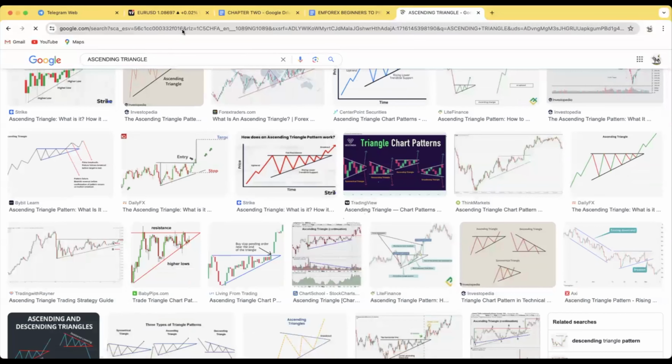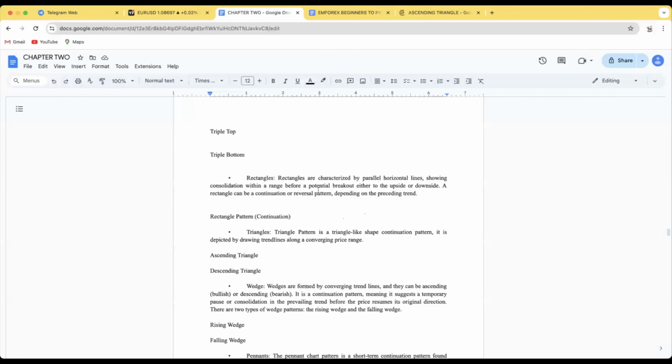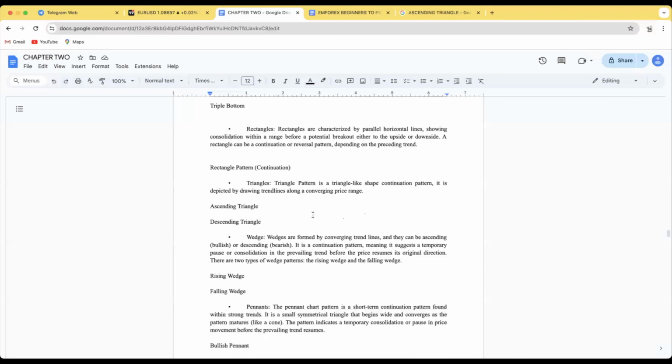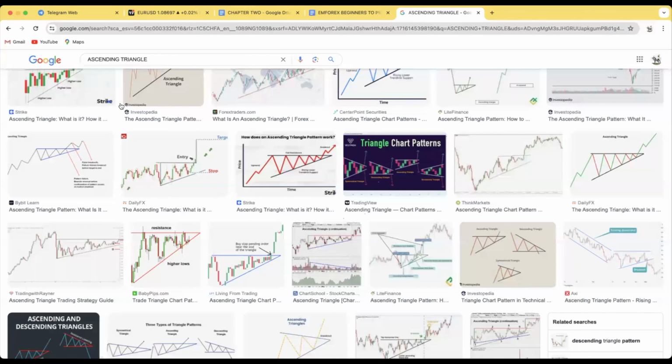So you can take your time, go through your charts to recognize this pattern. And then for the inverse side, we have the descending triangle.